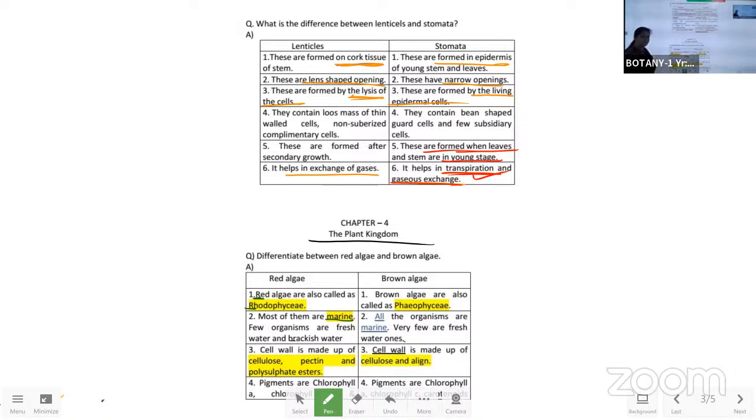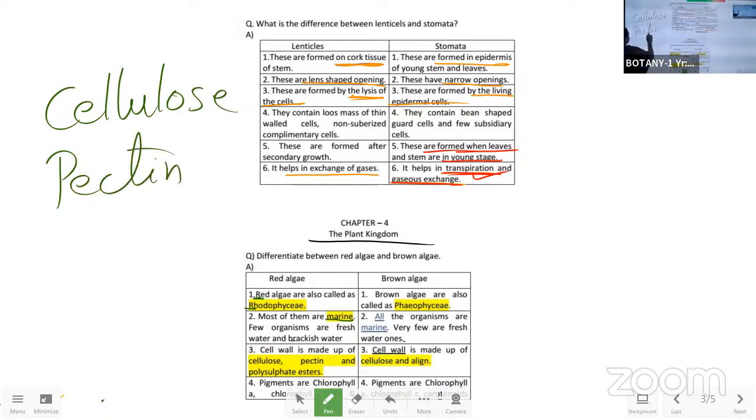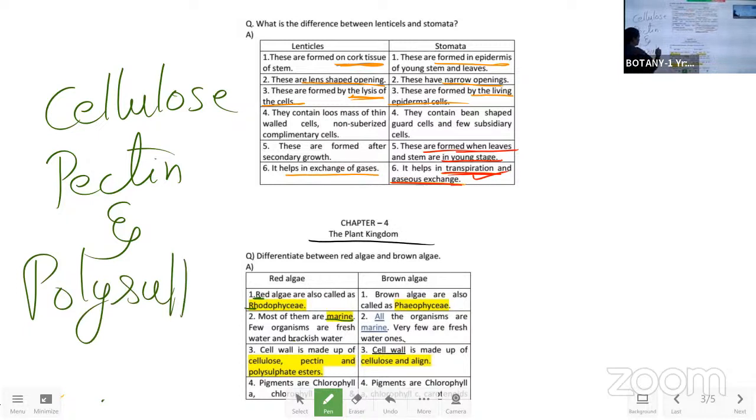Based on the colors only we have divided them, so which type of pigments are present to give that color to the organism, that also we need to mention here. The cell wall is made up of cellulose, pectin, and polysulfate esters. Remember this, because it is most important for the competitive exam as well as for the theory.